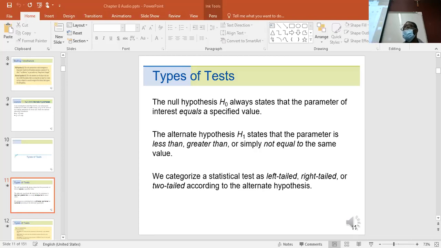When you read that, can you read the statement asking you for the minimum sample size?